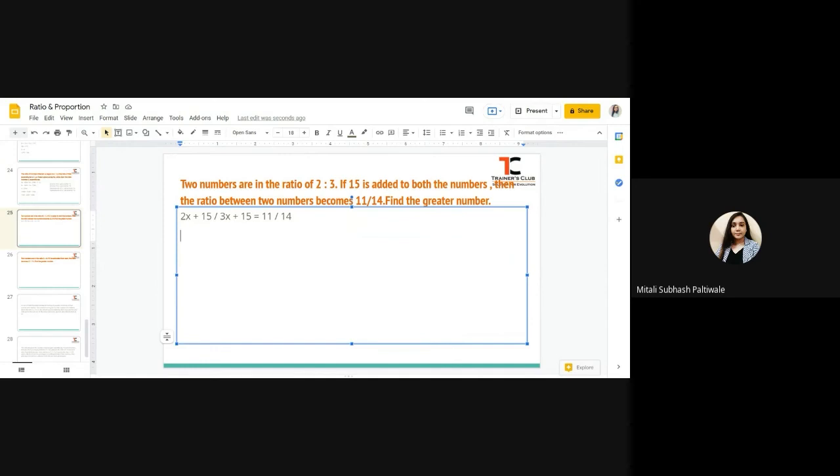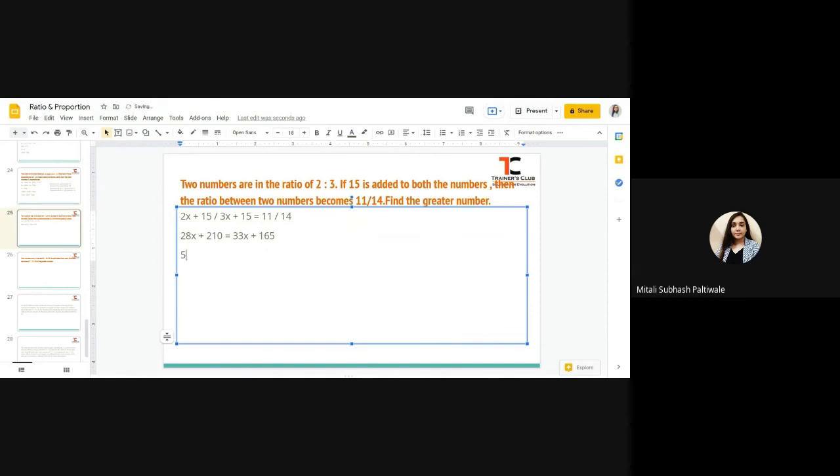This will become 28x plus 14 into 15, which gives me the answer 210, which is equal to 33x plus 165. Now let's find this out.